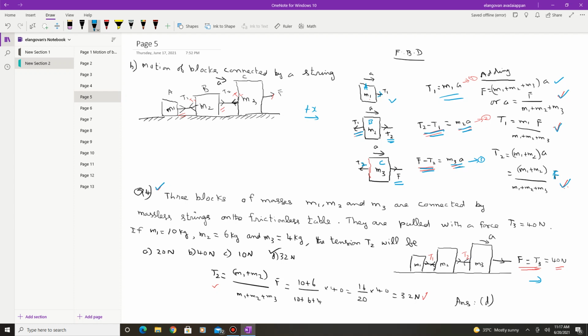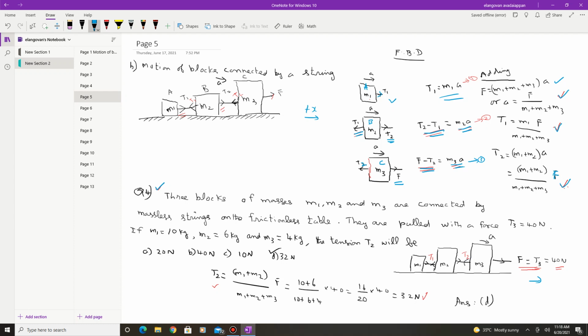Now you draw M1, M2, M3, and T1 is acting on the string between the two blocks M1, M2, and the tension T2 is acting on the string connected between M2 and M3. Because you are asked to calculate the tension T2, the expression for T2 is available.